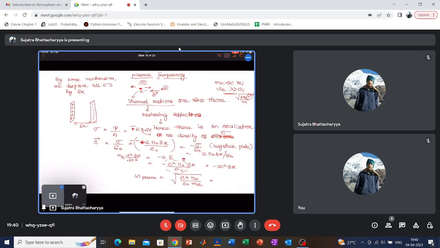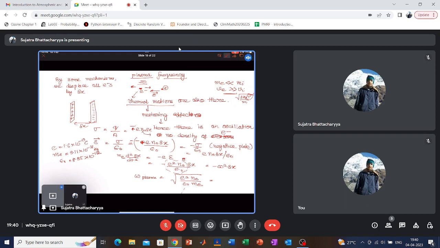If I see, E is known, epsilon naught value is known, so let's write it. E is 1.6 into 10 to the power minus 19 coulomb, m E is 9.11 into 10 to the power minus 31 kgs, and epsilon naught is 8.85 into 10 to the power minus 12, right?